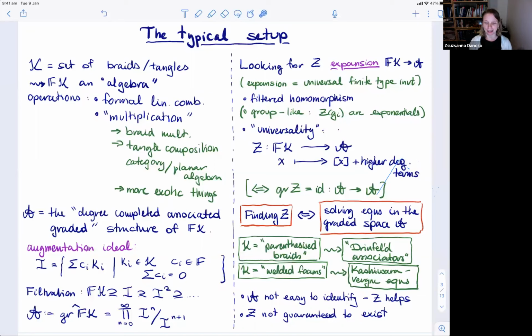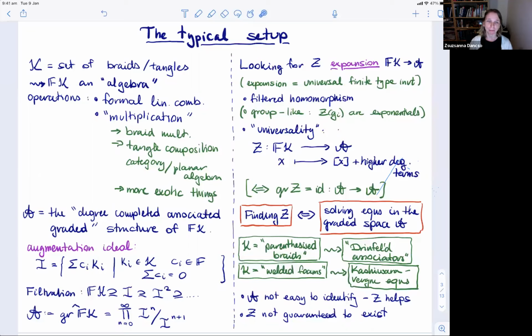But finding that and proving that it is indeed isomorphic to this associated graded space is not that obvious. And also, homomorphic expansions are not guaranteed to exist. And even if they exist, they can be hard to find.